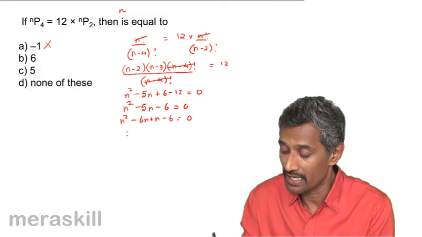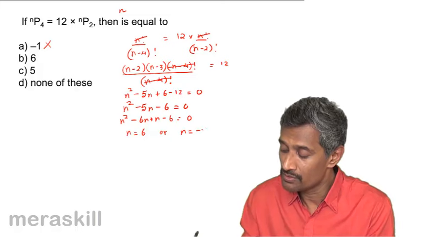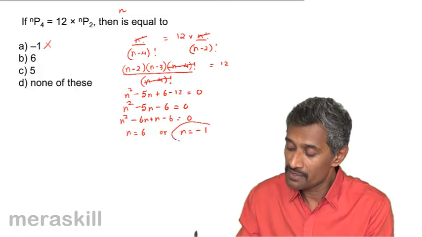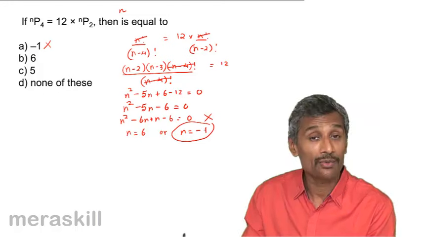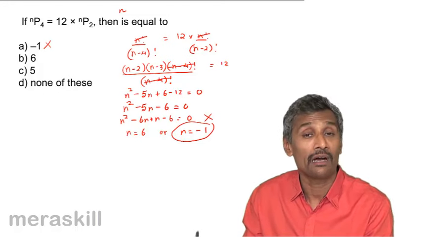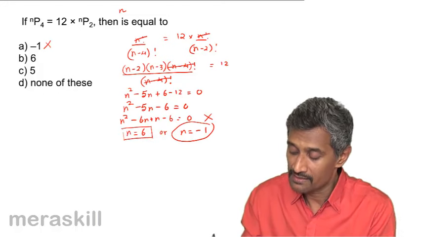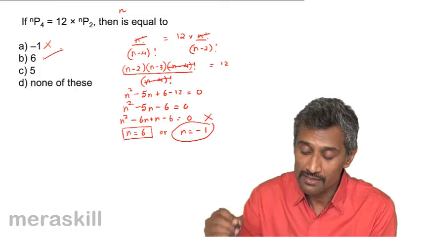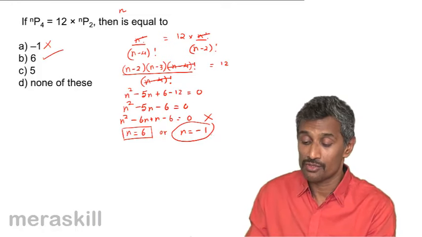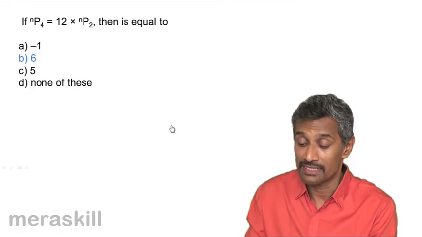So we get either N as 6, or N is equal to minus 1. Now obviously we will discard this value. If you remember, N is also always positive. Both N and R are positive integers. So N has to be 6. So among these, this is the option that works here. So N is 6, and as we derived it, it is really 6.